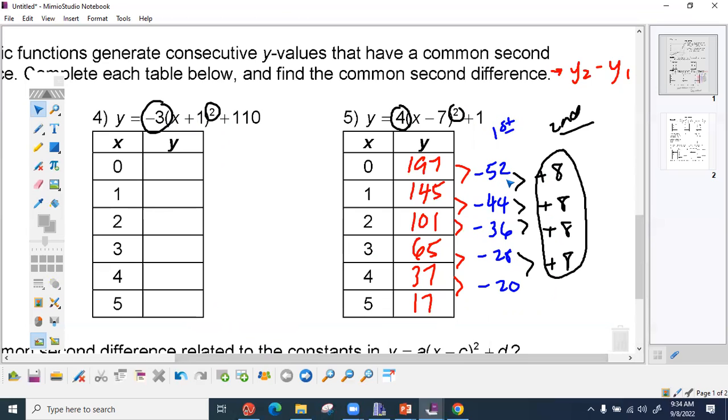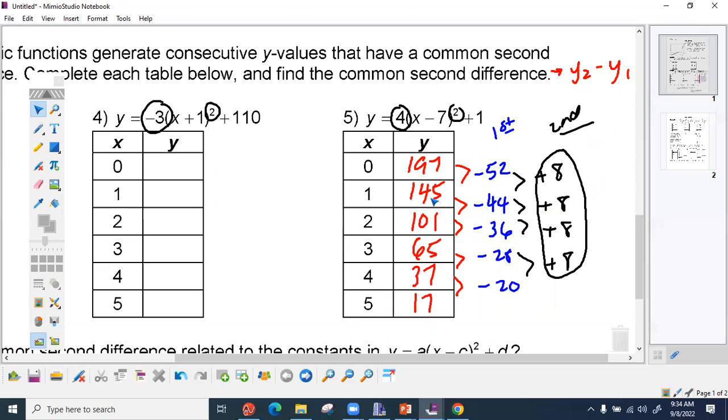How come it's that? Because it's your y2 minus your y1. So it's 145 minus 197. So it's the y that follows minus the first y. Then it'll be negative 44 minus negative 52. Like, you're saying continuing here?